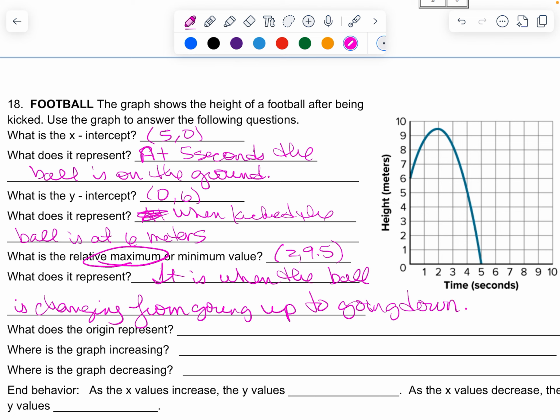Okay, what does the origin represent? At 0 seconds, the ball is on the ground.